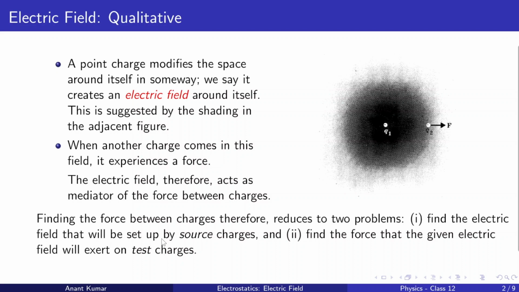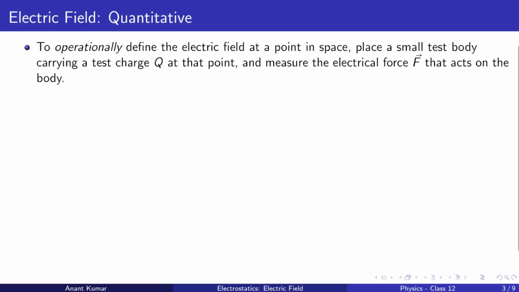So basically you find the electric field because of the source charges, and when a test charge is there, we find the force which the electric field exerts on it. So this becomes a two-way task.